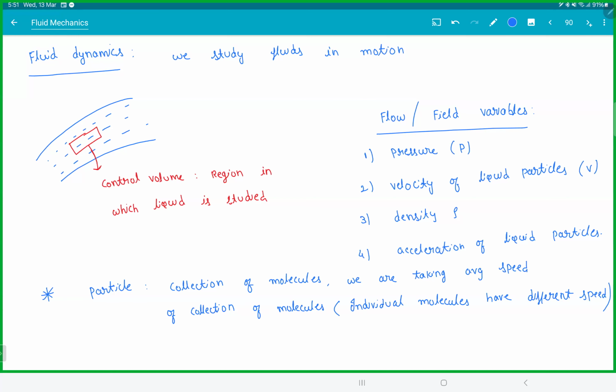Clear? Think of it like this. On a highway, if you say on this Eastern Expressway the average speed of the vehicles is 20 or 40 kilometers per hour, it doesn't mean every vehicle is going at 40, isn't it? On average, on that road, the average speed is 40 kilometers per hour. Maybe bikes are going faster, lorries are going slower.